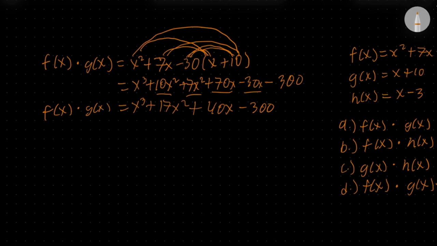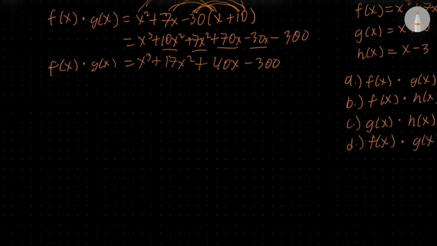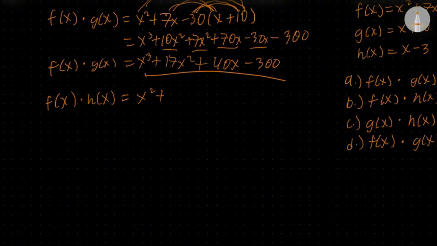We are going to proceed to the next item. F of x multiplied by h of x. F of x is, no, it's not x cubed, x squared plus 7x minus 30 multiplied by x minus 3. Okay, we're just going to do the same. X squared times x is x cubed.